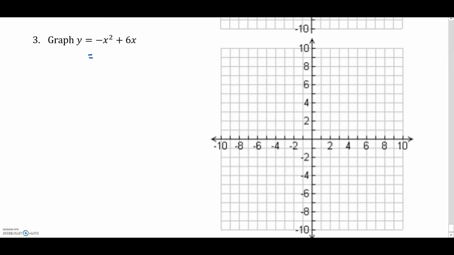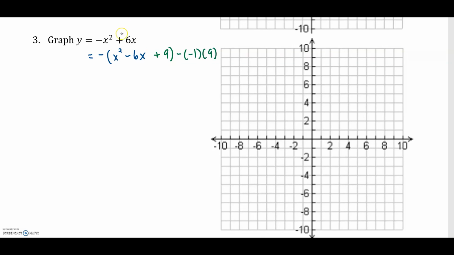First step is to factor out the negative 1, and we're left with x squared minus 6x. In order to complete the square, we need to add 9. Okay, remember, if you add 9, we also have to subtract out negative 1 times 9.